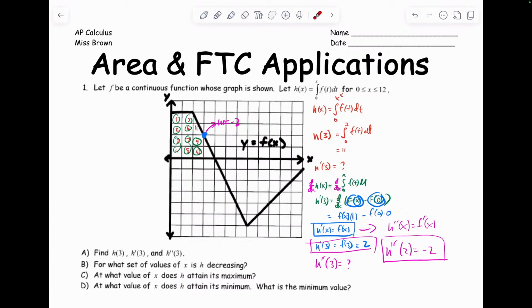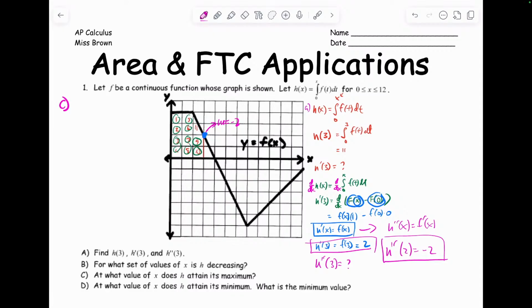Now, C. Do you know what C is? What is it, Kaden? 4 is correct. Good job. Yeah, 4.